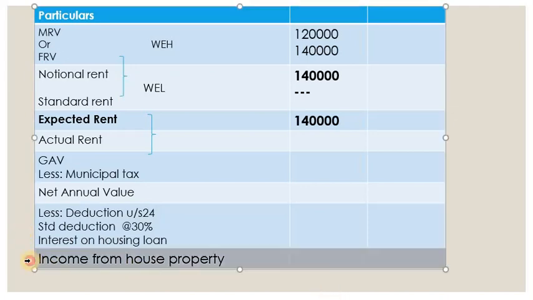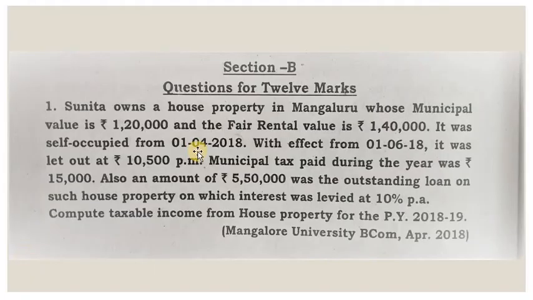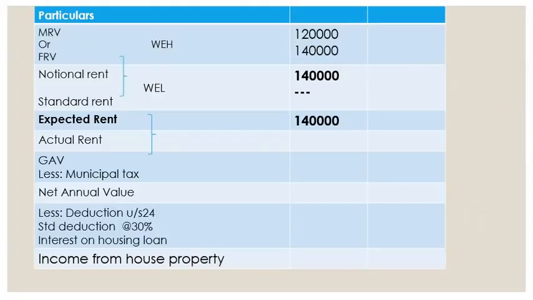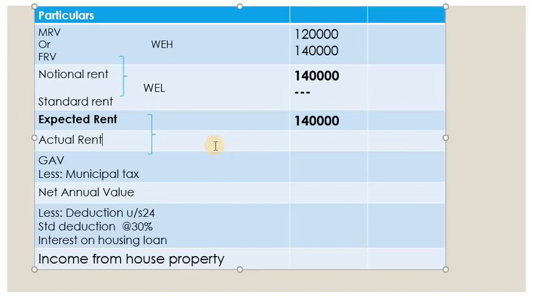The actual rent given in the problem is 10,500 per month. But it is let out from 1/6/2018, so we have to calculate from 1/6/2018. How many months is it? It is 10 months. Actual rent is 10,500 into 10 months, which is 1,05,000.